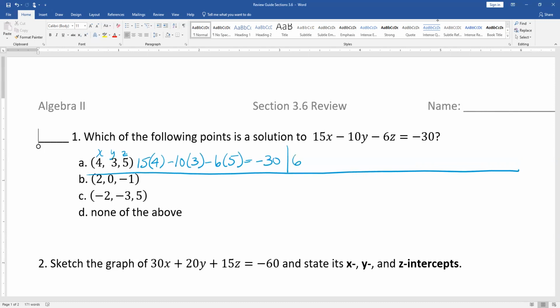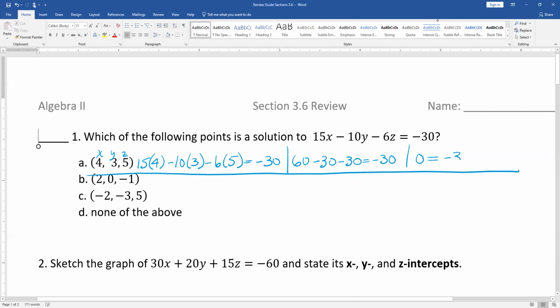No, it's 60. So tired. 10 times 3, so minus 30, and 6 times 5 is minus 30. So we can see 60 minus 30 is 30. 30 minus 30 is 0. So this one's not true, right? We end up with 0 equals negative 30, which is not true. So that one is a bust.